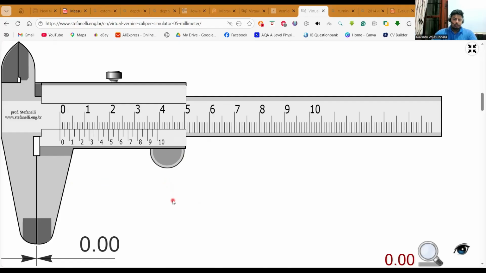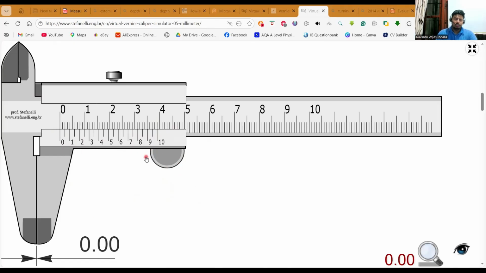You can see this is not the usual vernier caliper. This is a bit different. Now try to calculate the least count quickly. Here you can see 39 divisions of the main scale are divided into how many parts? 20 parts.